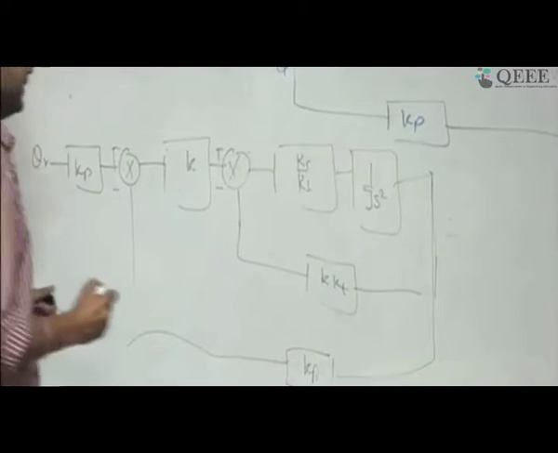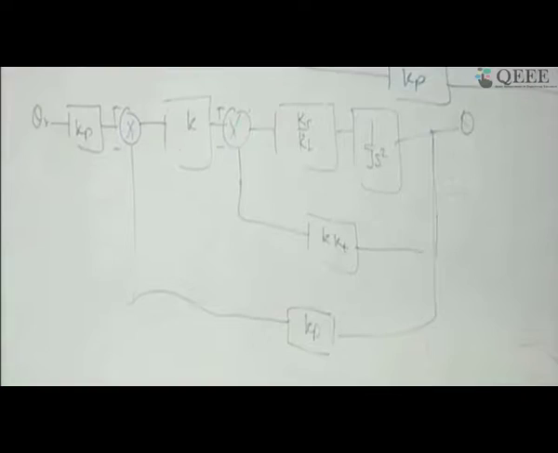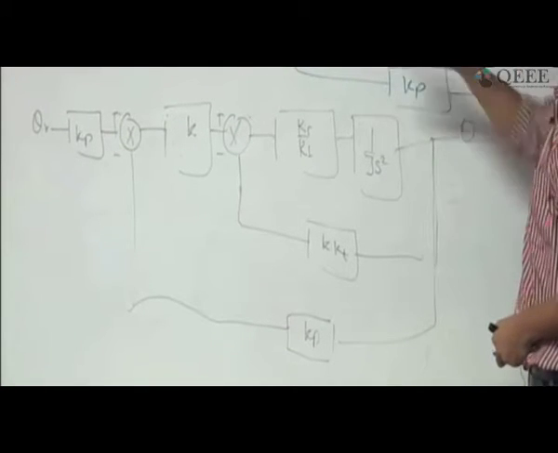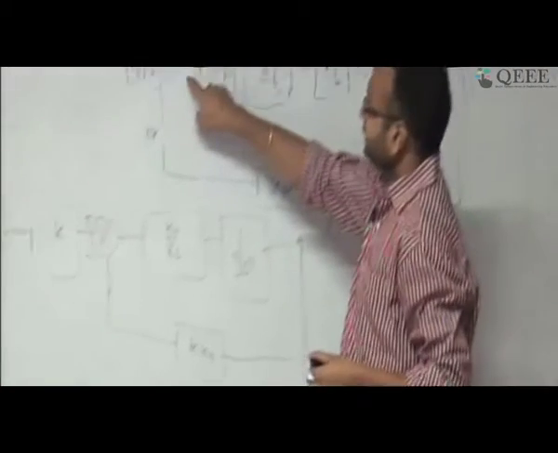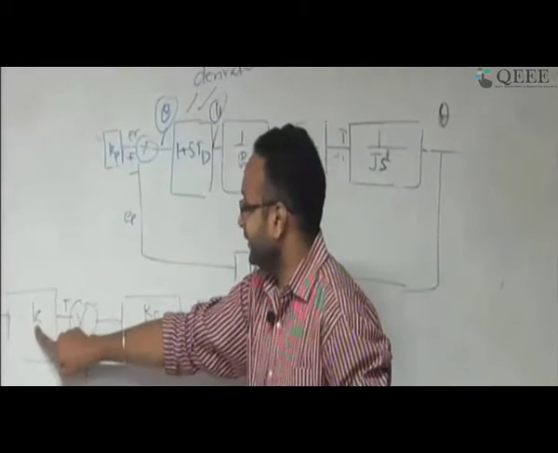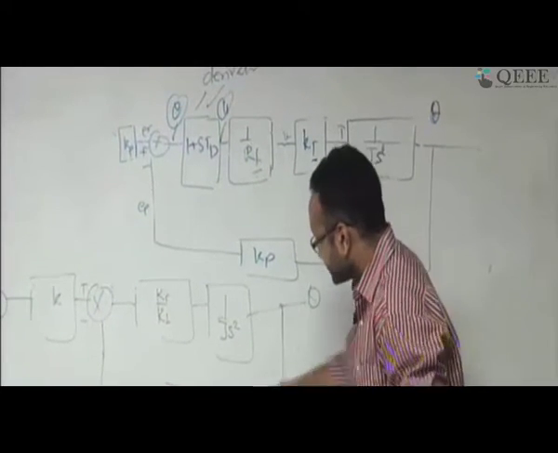Okay. Let me explain what I have drawn. It's a very tricky thing that will be applied. Earlier this diagram was there. Now here what I am saying is, don't take the derivative of the error. That's why this term is only K. Now instead of the derivative of the error, I am taking this s. There is going to be a term s here.